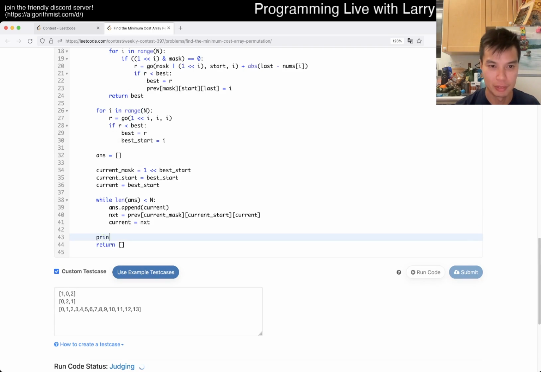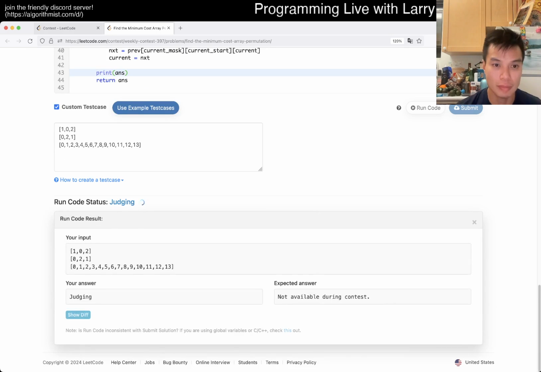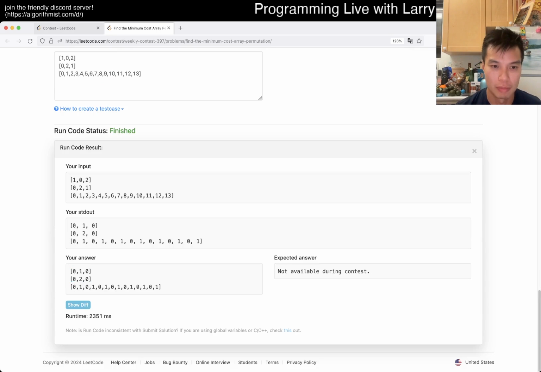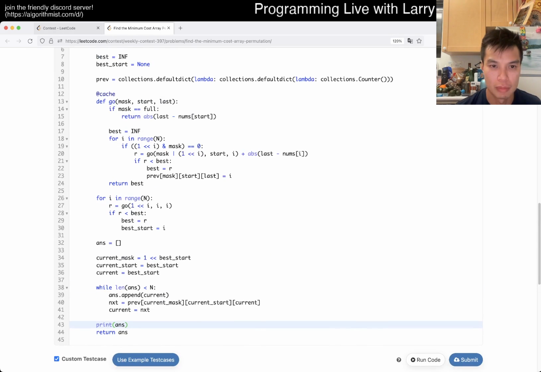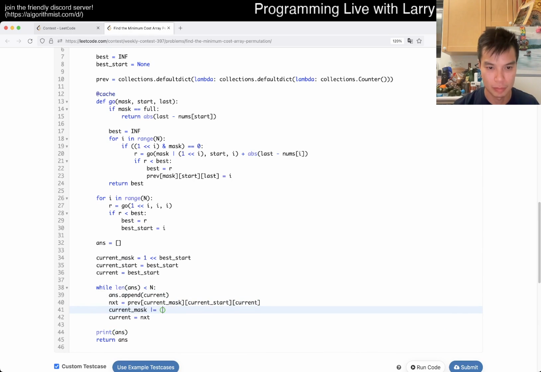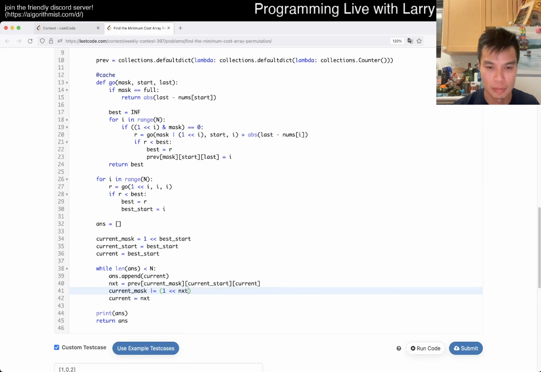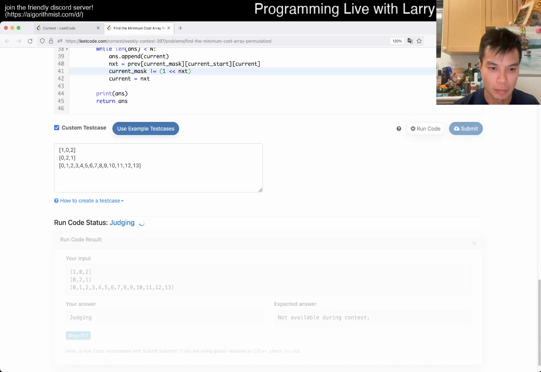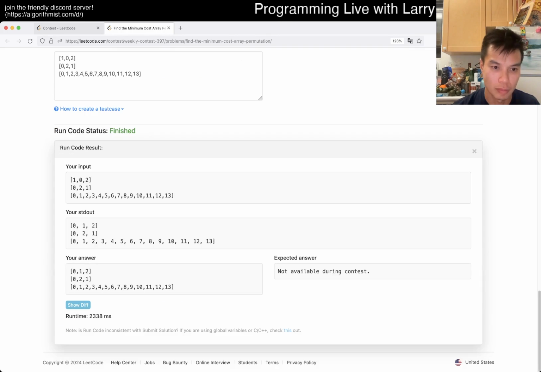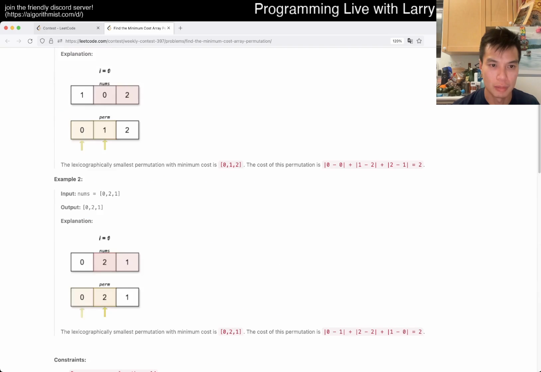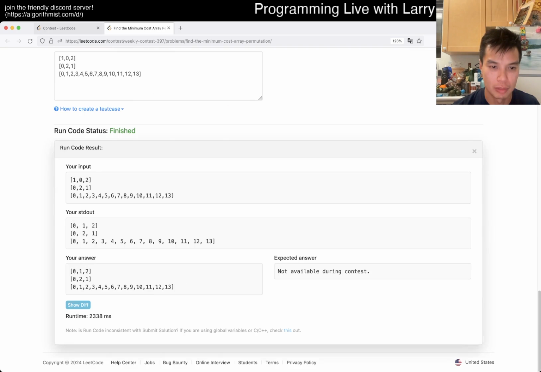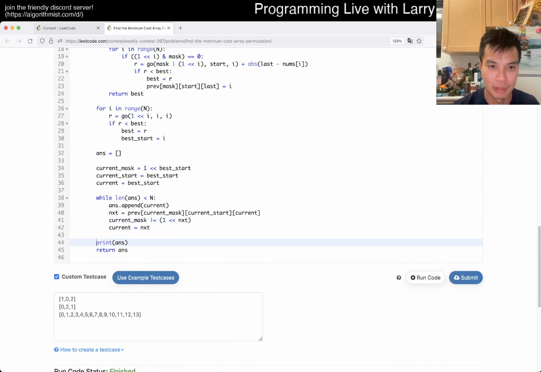I should print this out or just even return it. Oh, that's a little bit wrong. Oh, current mask as well. Okay, I mean, not hard, but it just possibly might take forever and time out.